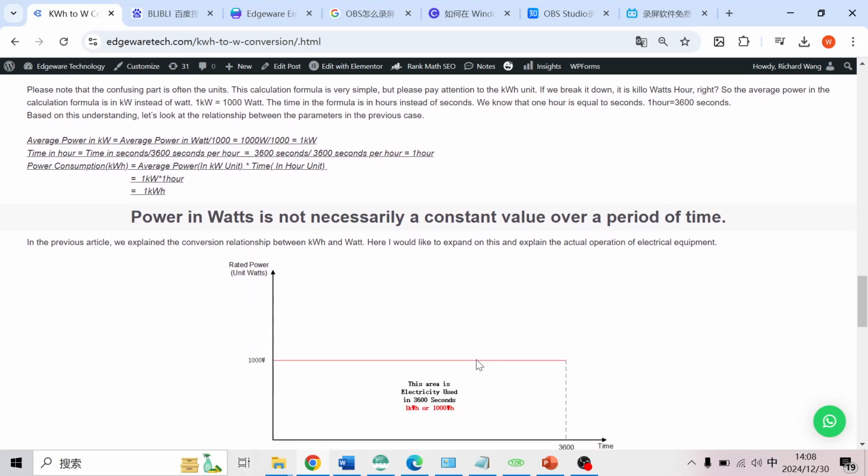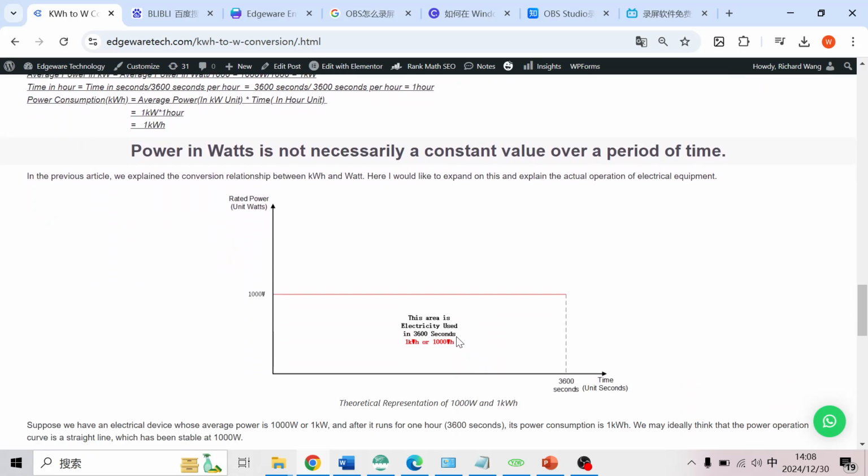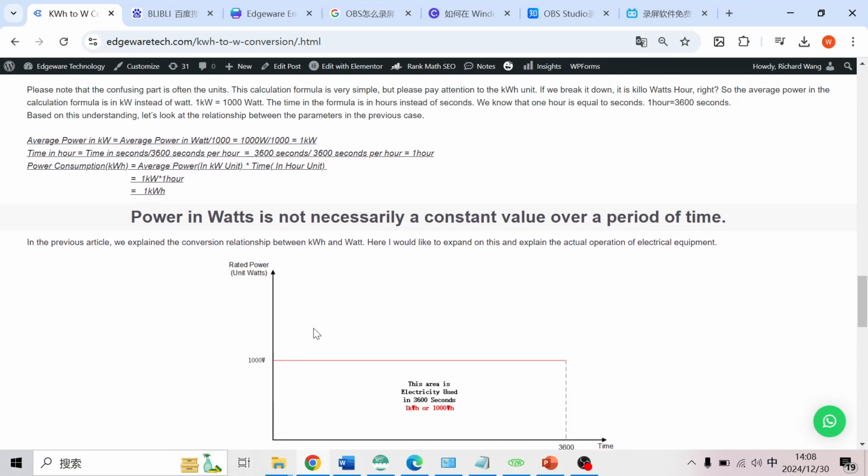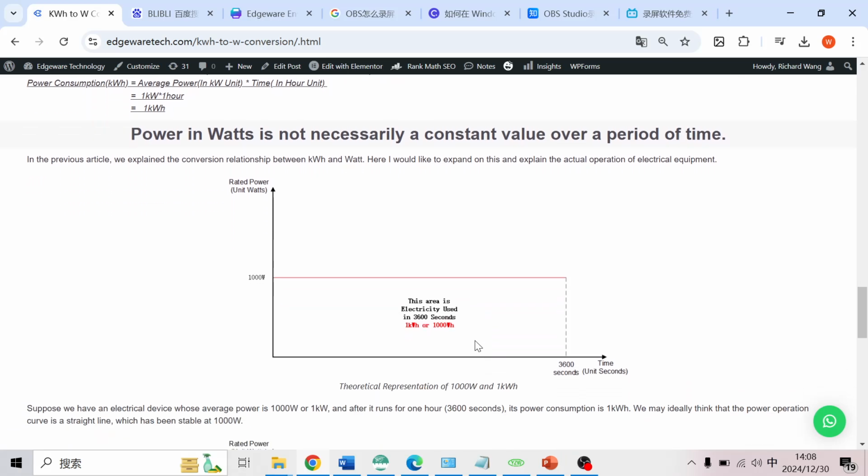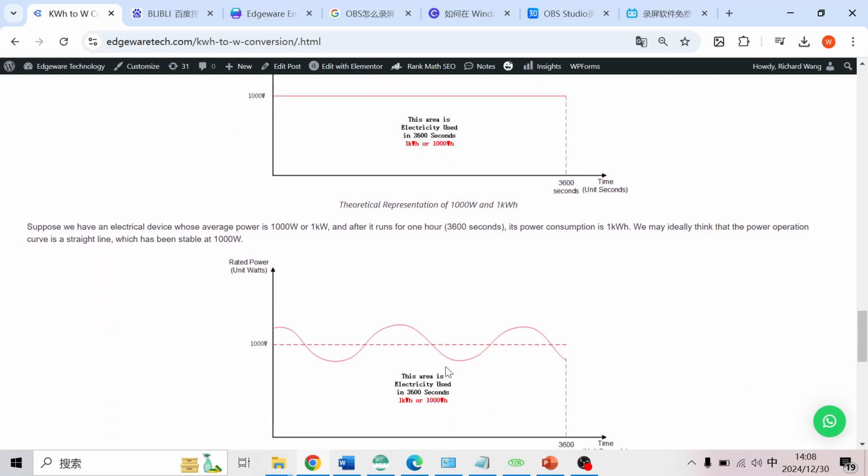There's one more piece of knowledge here about power. Ideally it should be flat, like 1,000 watts every second. But in reality, the device's power consumption could fluctuate like this, averaging 1,000 watts. So when you are choosing a UPS power system or solar system for your devices, you need to consider this and reserve some margin.